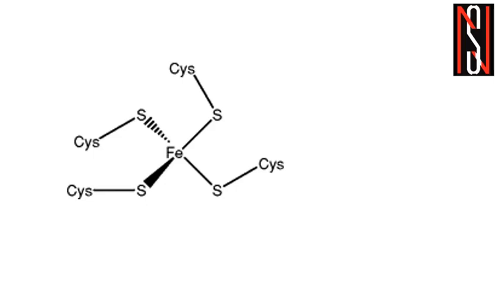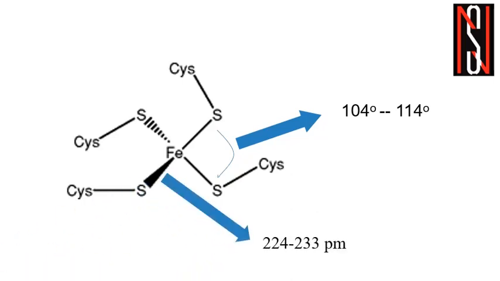The sulfur-iron-sulfur bond angle varies from 104 degrees to 114 degrees, and the iron-sulfur bond distances range from 224 to 233 picometers. When iron +3 is reduced to iron +2, there is a slight increase in the iron-sulfur bond length of almost 5 picometers, and the reduction potential of the Fe3+/Fe2+ couple is about 0.6 volt at pH 7.